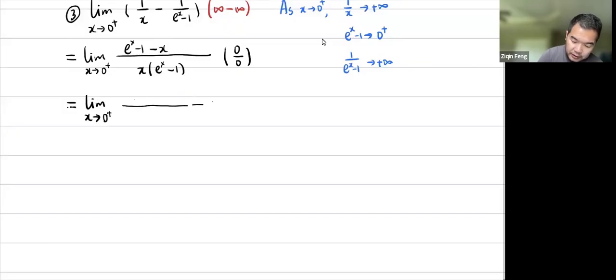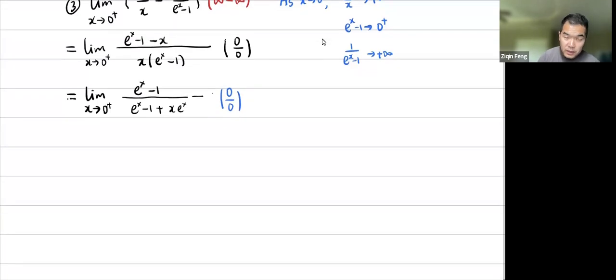You get e to x minus 1. You get e to x minus 1, apply product rule, plus x times e to x. So now you can see that as x goes to 0, this is still 0 over 0, right? Now apply L'Hopital's rule one more time.